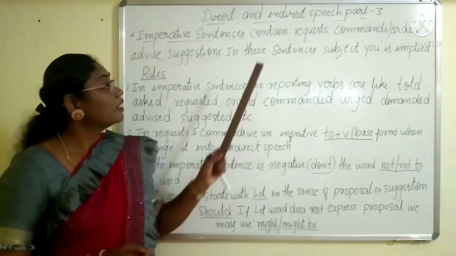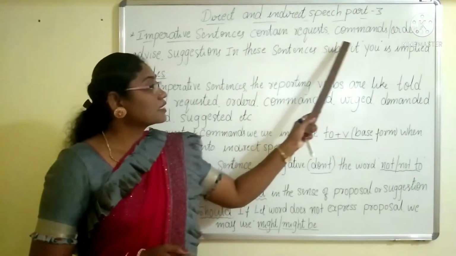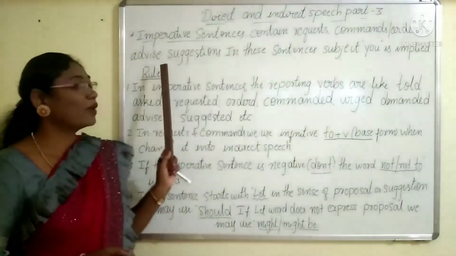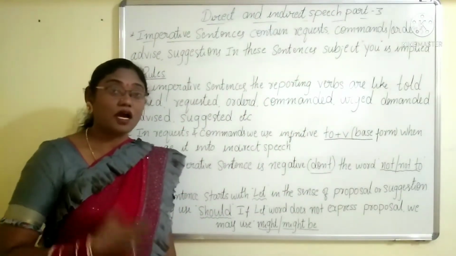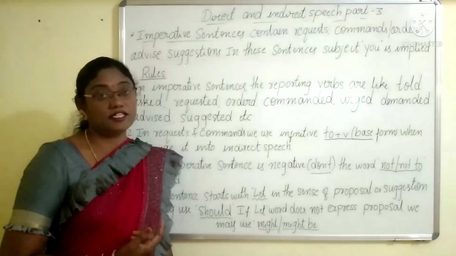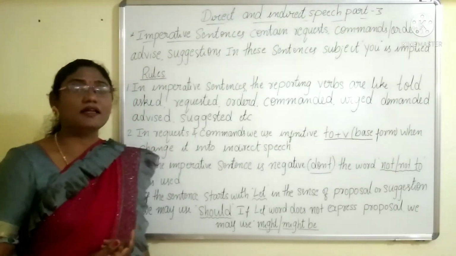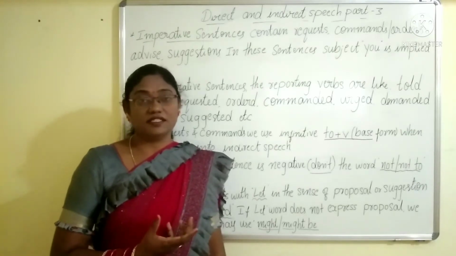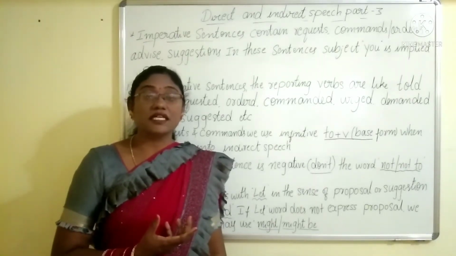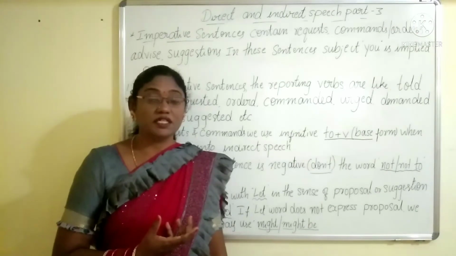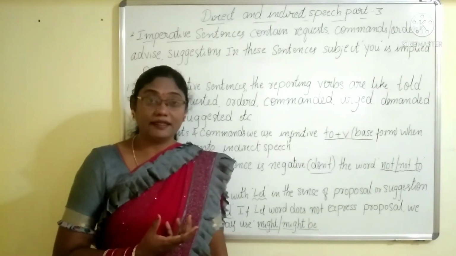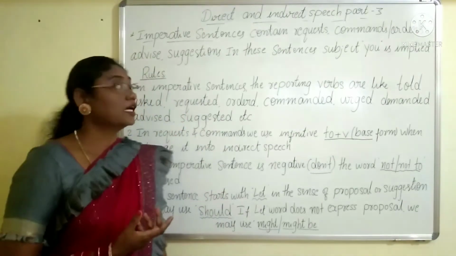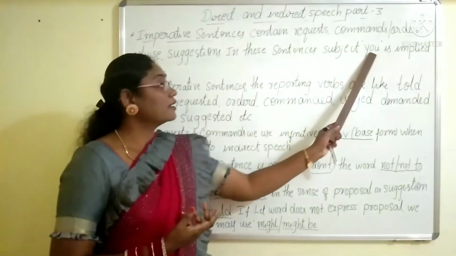So here, requests, commands and orders: when such sentences come, how do we change them into indirect speech? And one more thing is, in such sentences, the subject is not shown. The subject is not written because the subject you is understood.